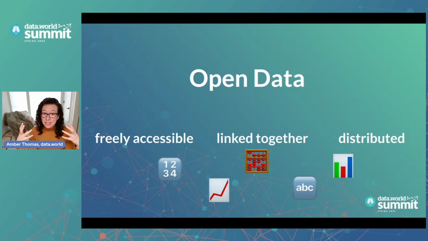Now, this general idea is referred to as open data, and more specifically, Tim Berners-Lee was talking about linked open data. So I'm going to get a little bit into the differences between those phrases. So we'll start with just straightforward open data. There are a lot of definitions that people use for this concept.